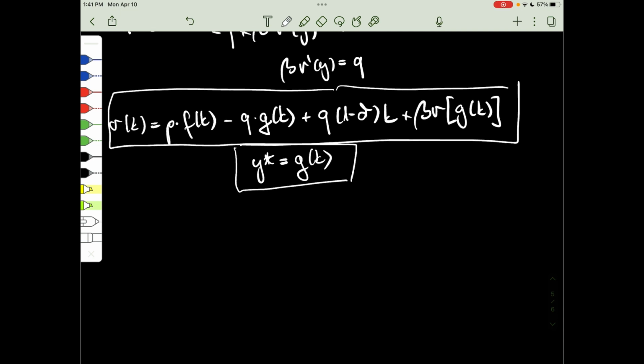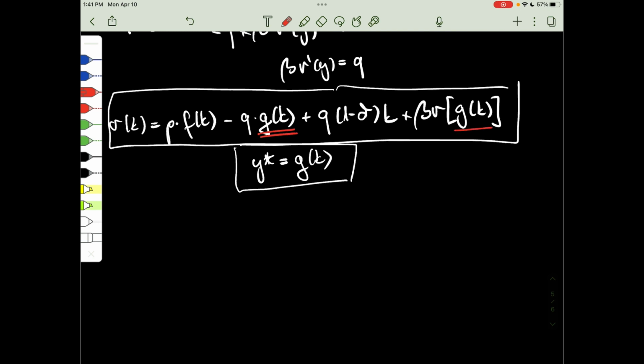According to the envelope condition, if we want to assess the effect of any change in K, the capital stock, on the optimum value, we need to differentiate this equation with respect to K, but we can ignore all the indirect effects.